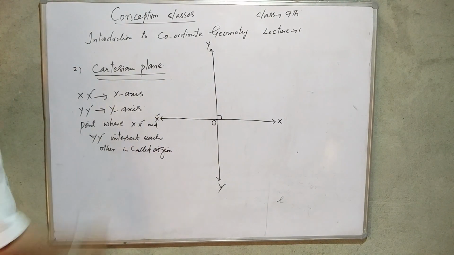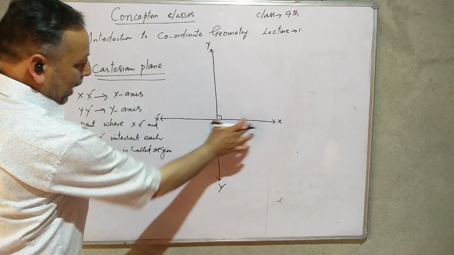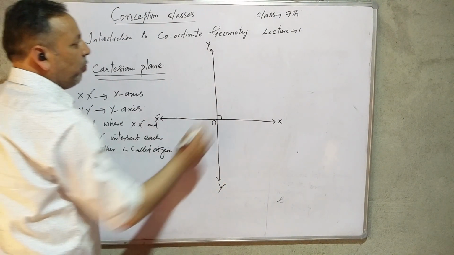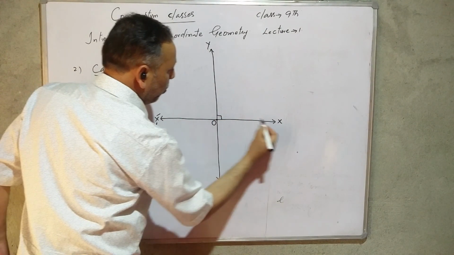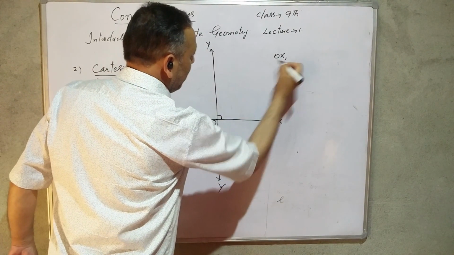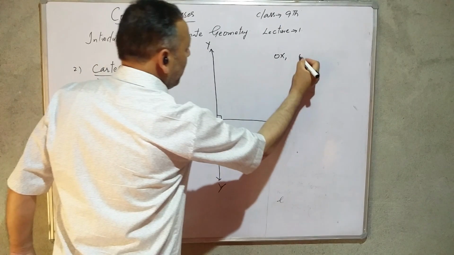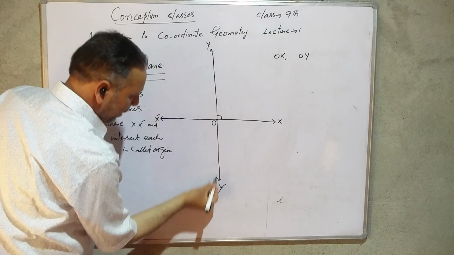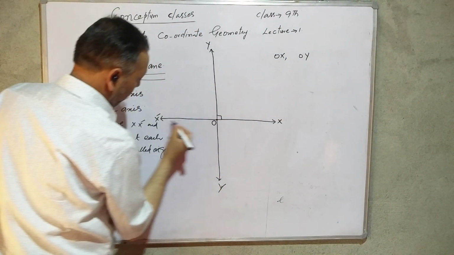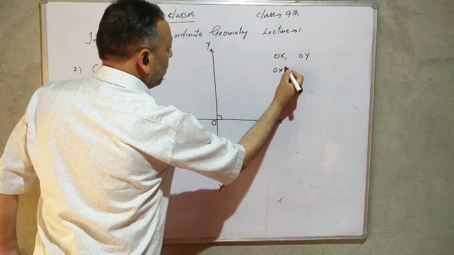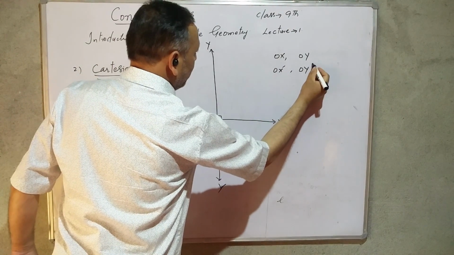Now these axes have 4 parts. One part is OX, another is OY, next is OX dash, and another is OY dash.